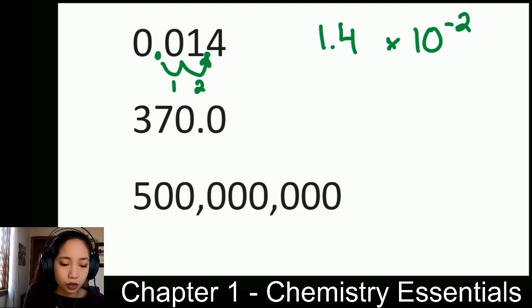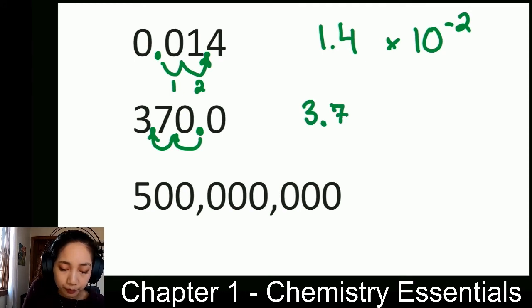370.0. So again, locate that decimal place, so it's right there. All right, and we want to move that decimal place so our coefficient becomes between 1 and 10. So you'll see, move it once, move it twice. So I'm going to move that decimal place two place values over to the left, making that number 3.7. But we also have to remember sig fig rules here. You can't just forget the rest of these zeros.